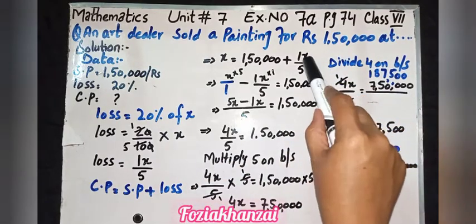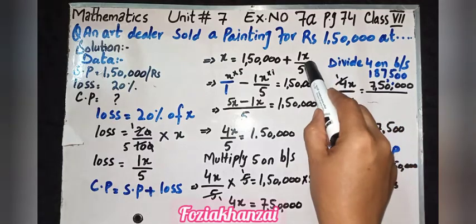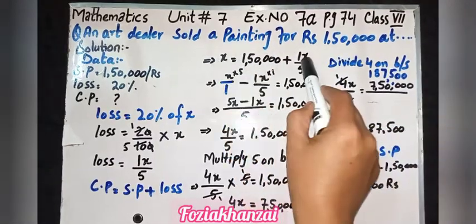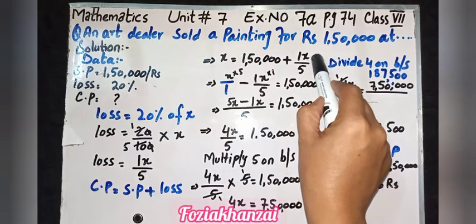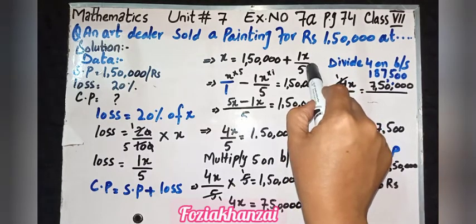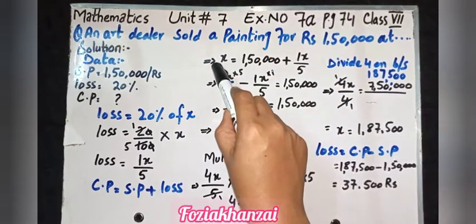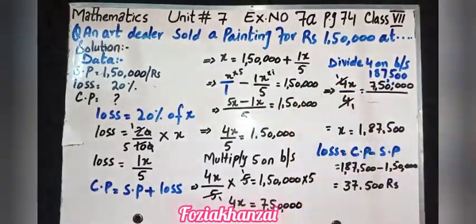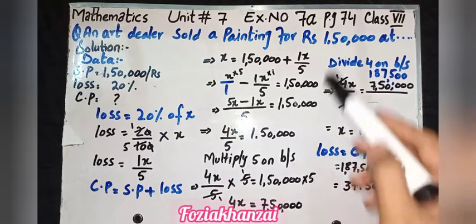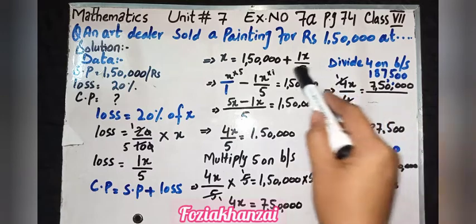Now we shift this loss part, 1x upon 5, to the other side, so plus changes into minus. When we change the position, the sign automatically inverts.